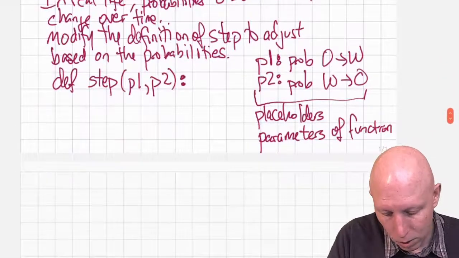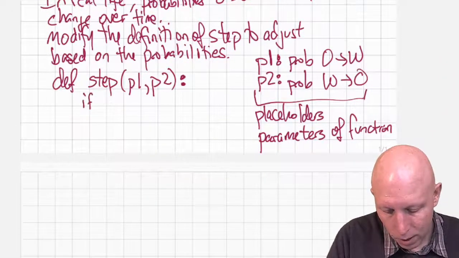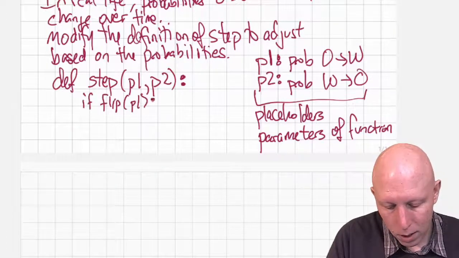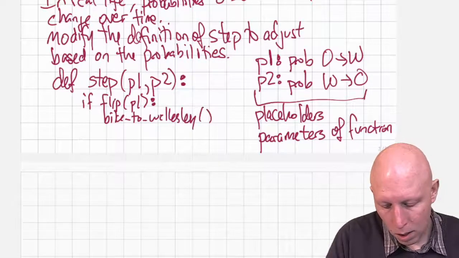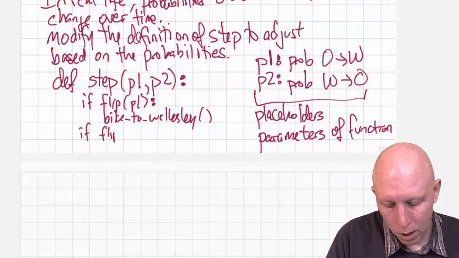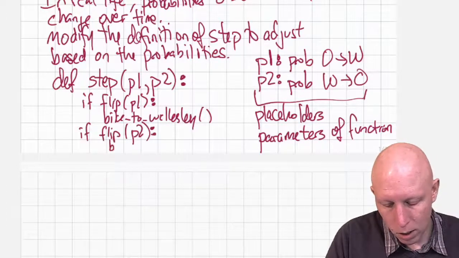So we're going to do: if flip of P1, bike to Wellesley. If flip of P2, bike to Olin.